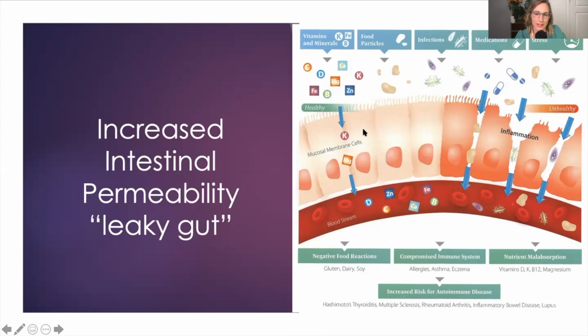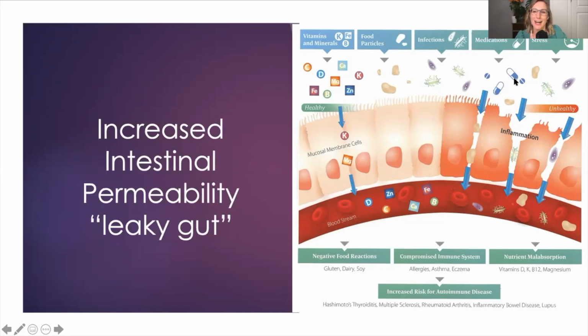We have healthy tight junctions. All of these well digested particles are then being taken up into the bloodstream. Our immune system doesn't need to react against them because it recognizes them as important to our body. And everything's hunky dory.